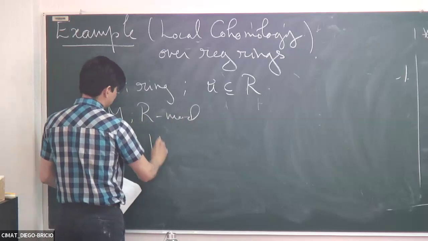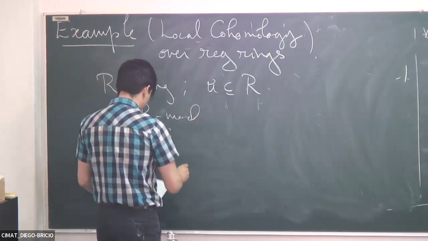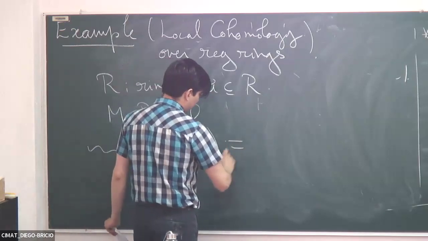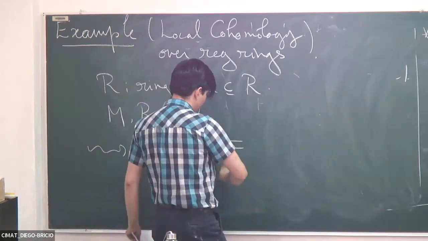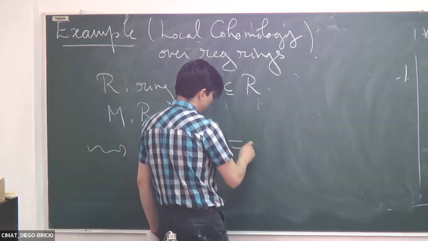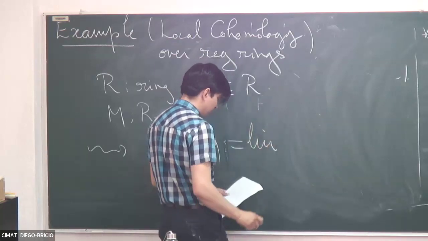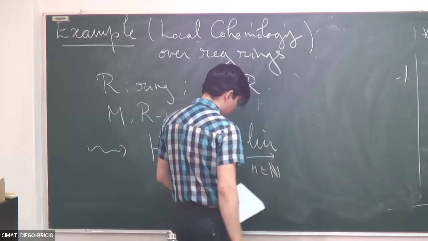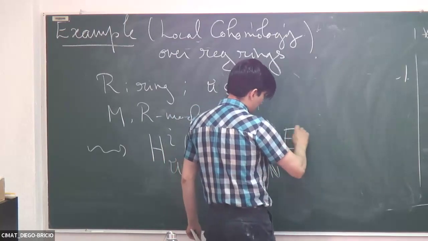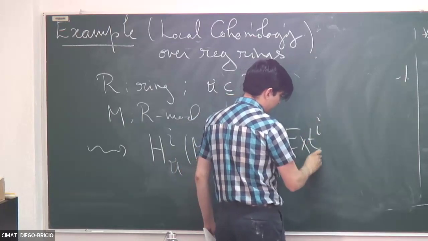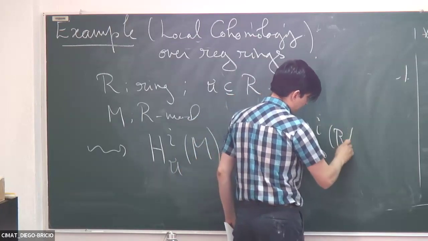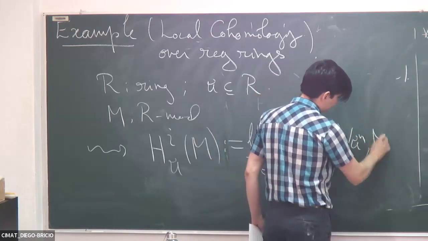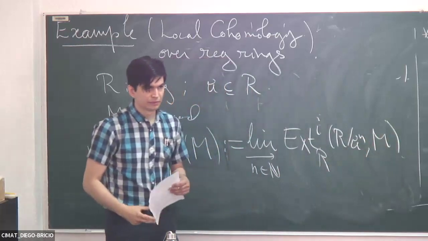And so out of this data, we can construct these beautiful modules that by definition, if you want, or not by definition, but by definition actually, it's not too surprising. There's going to be a certain limit over this X. Right, so you remember this?